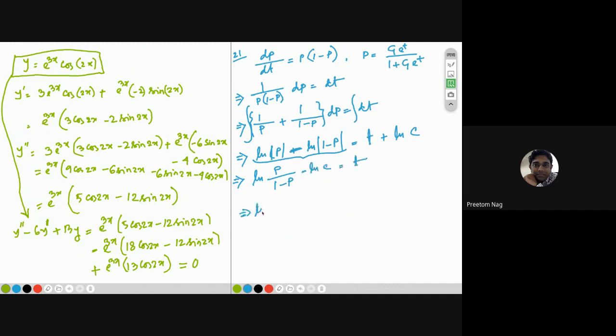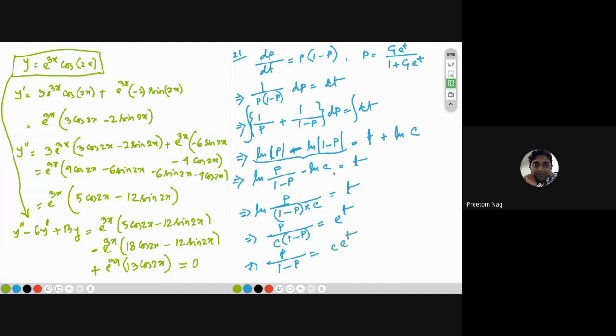So finally, if I write it this way, p by 1 minus p, and into c, that will be t. So p by c into 1 minus p will be e to the power t. So p by 1 minus p will be c e to the power t, right?